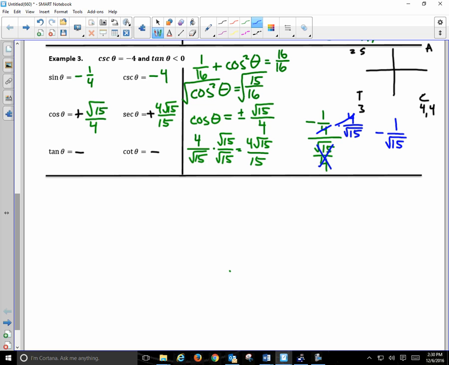And everybody just hold your horses. Because right now you want to rationalize the denominator, right? And you're going to. But before that, I just figured out what tangent was, right? What will I do to figure out cotangent? So flip it.